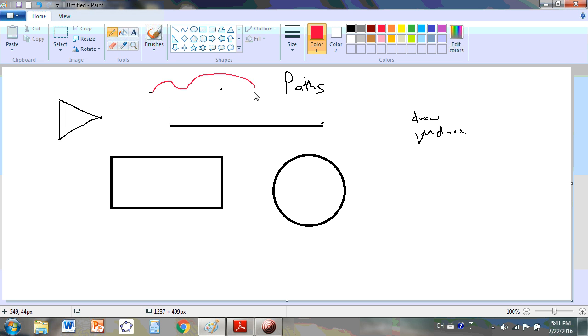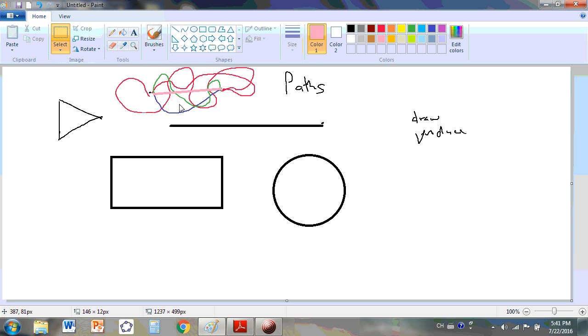You can have this path, you can have that path, you can have this path, you can have that path, and many of these paths here may be equal to each other in length, but you can only have one path which is the shortest length between the two points.